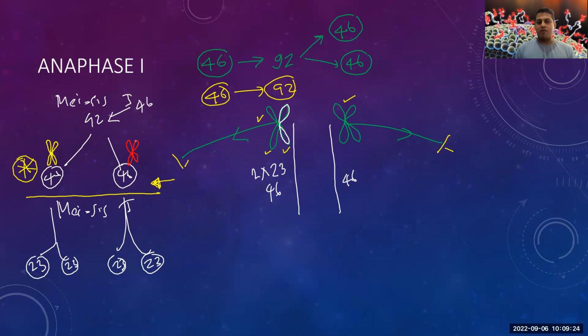So few things to remember. For the rest, for example, if you remember events in mitosis, it's the same here. The same thing happens in meiosis 2. So prophase 1 and metaphase 1, you remember well.